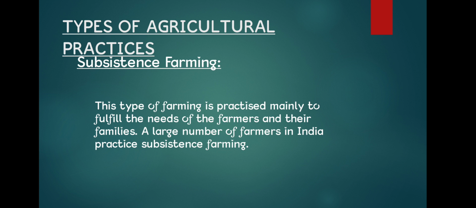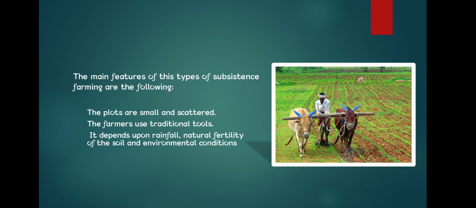They generally grow rice and vegetables and use organic or natural fertilizers such as cow dung, animal droppings and dead and dried plants. They depend on the monsoon rains for water for the crops. So this is called subsistence farming.